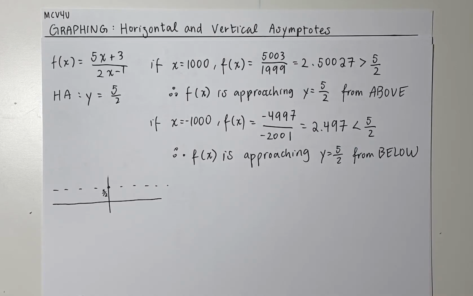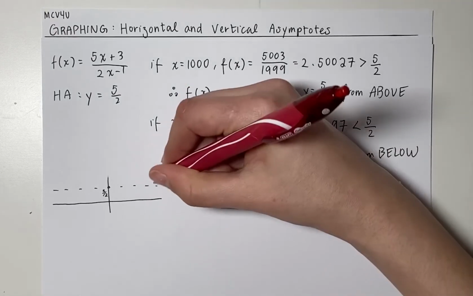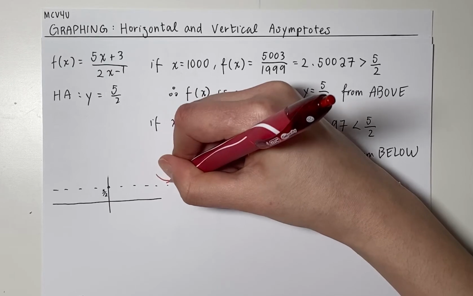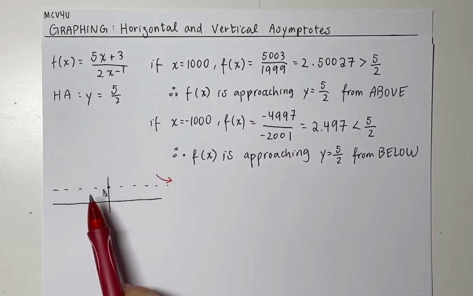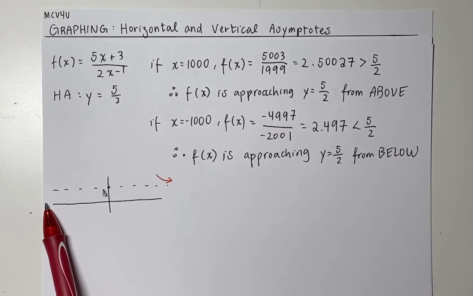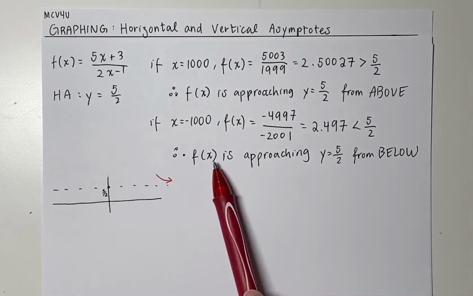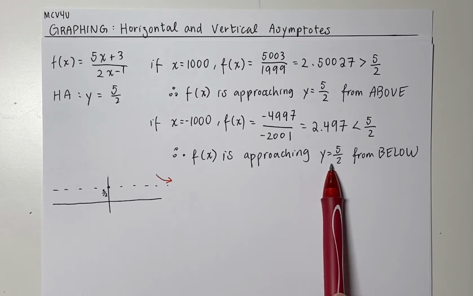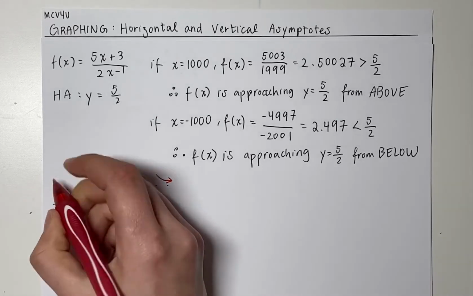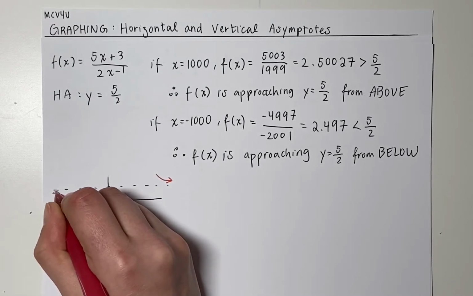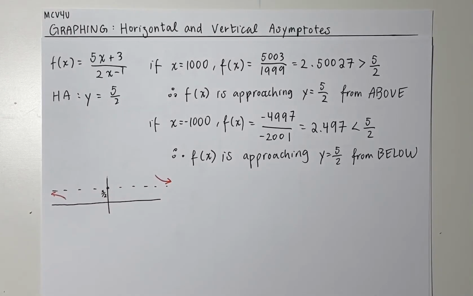So what is that going to look like? It's going to be above. And if we go to negative infinity, where we did x equal negative 1,000, f of x is approaching our horizontal asymptote from below. So the function is going to be below it.